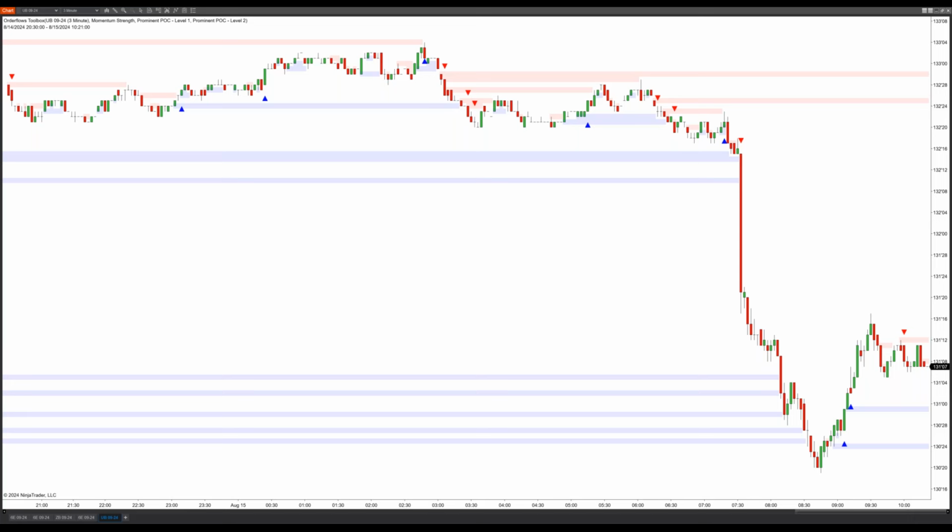Some of the individual indicators that we have out there are different. They're not tools that we've already built into the Orderflows Trader, so they're not going to be in the toolbox. Okay. Sound alerts, I believe there's sound alerts in there.